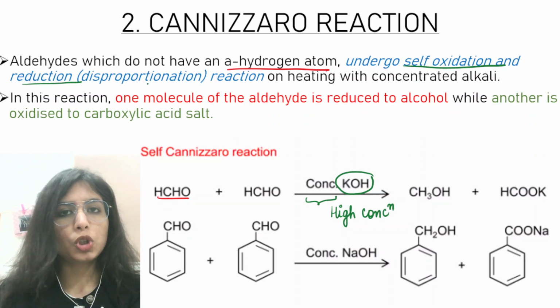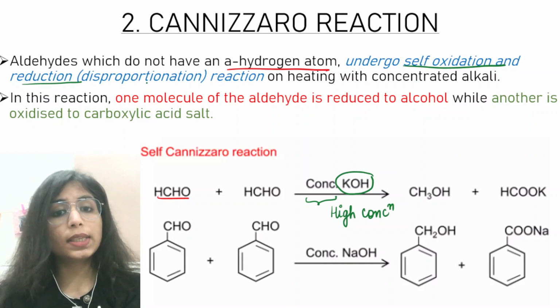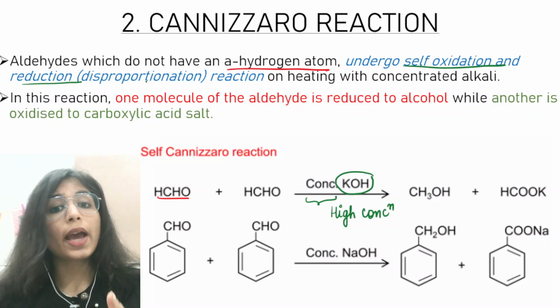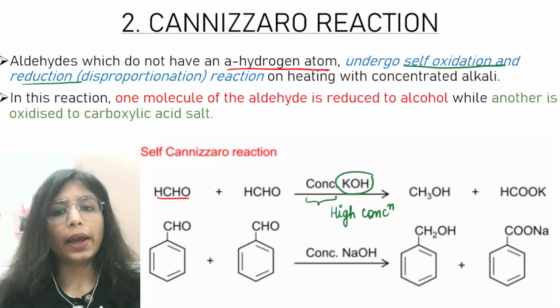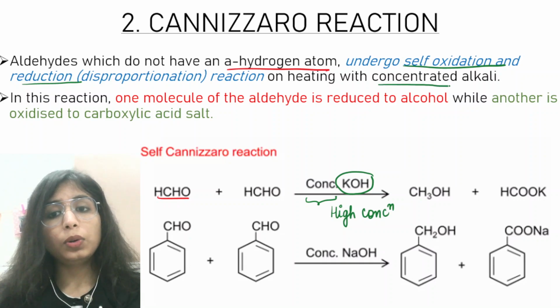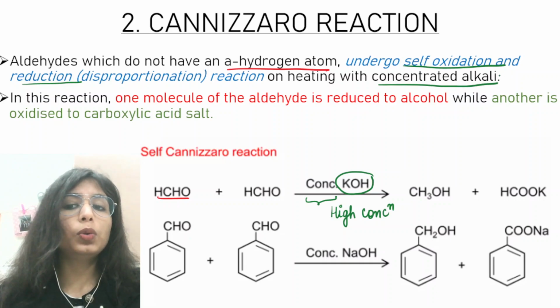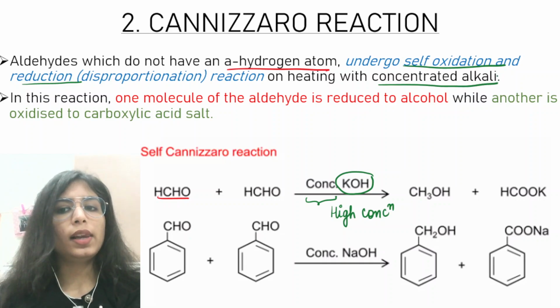What is a disproportionation reaction? One in which the oxidation state is both increased and decreased. Basically it is disproportionating into its oxidized part and its reduced part at the same time. And as I said, the reagent that we are going to use is concentrated alkali. Alkali is a base, and you are basically using a strong base.